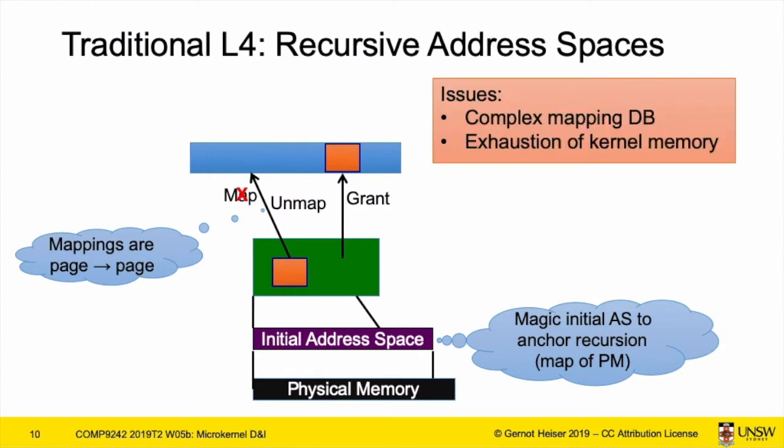And the other was that the mapping database, because these things are revocable, there's a complex mapping database behind that's expensive to maintain. But this is the real main thing, right?